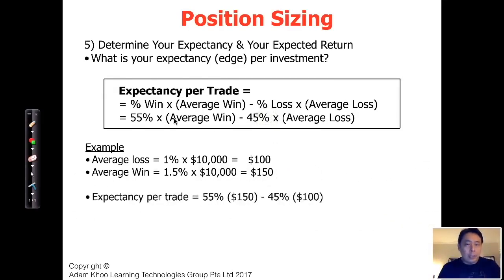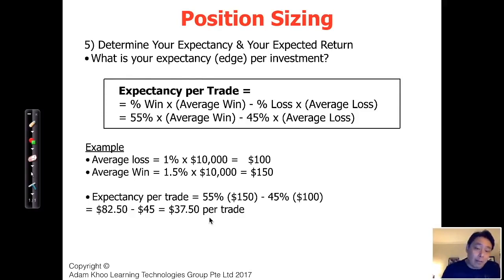So your expectancy per trade will be 55% times $150, which is your average win, minus 45% multiplied by $100, your average loss. If you do the math, that's $82.50 minus $45, that's $37.50 per trade. So on average, every trade you make will get you $37.50, right?